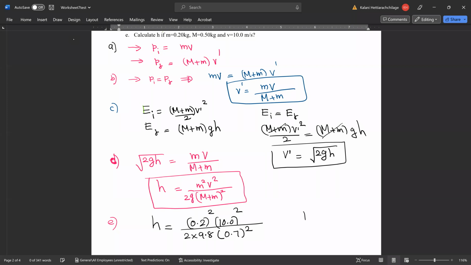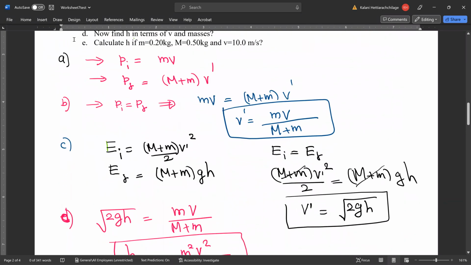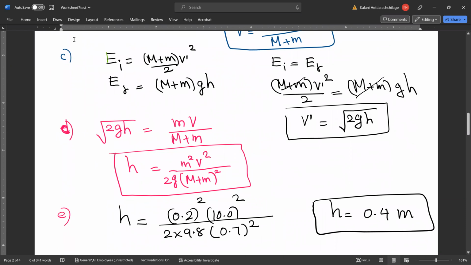Okay, calculate it, and then you will get the H answer. I have around 0.4. That means, according to those numbers, your pendulum will reach a very small height, 0.4 meters or 40 centimeters. So depending on the velocity and the masses, this number is changing.